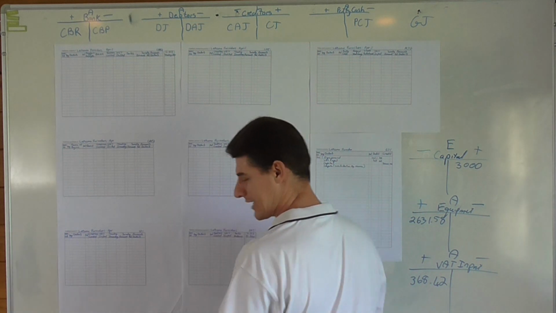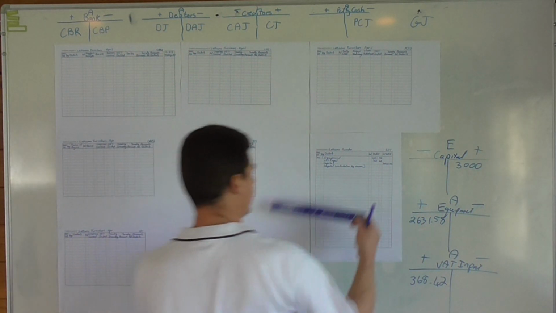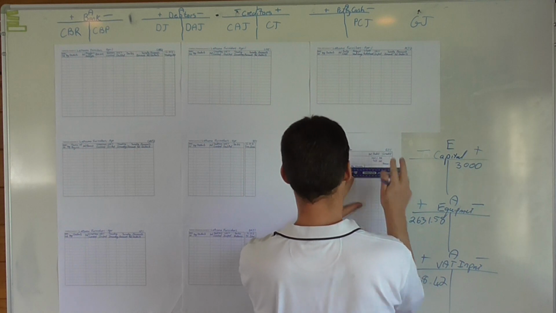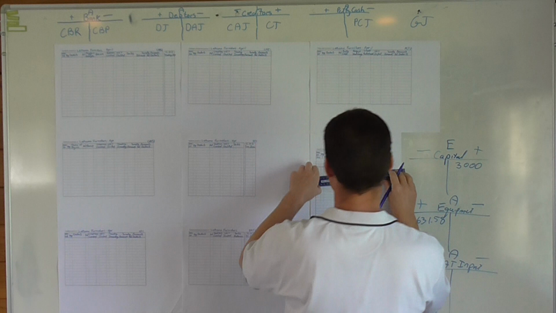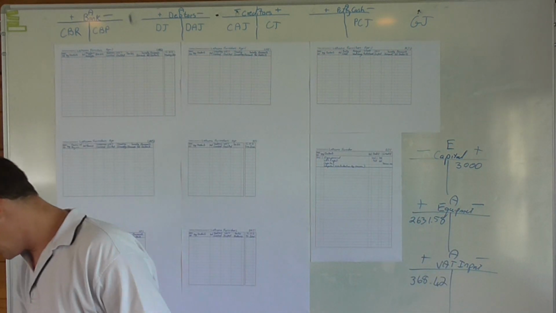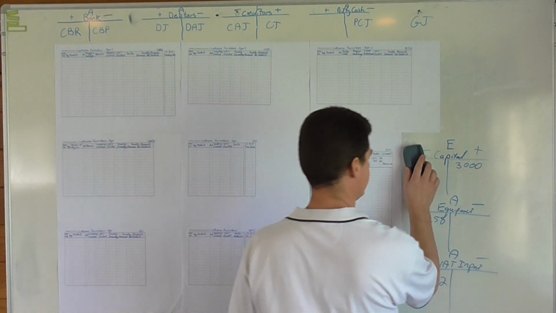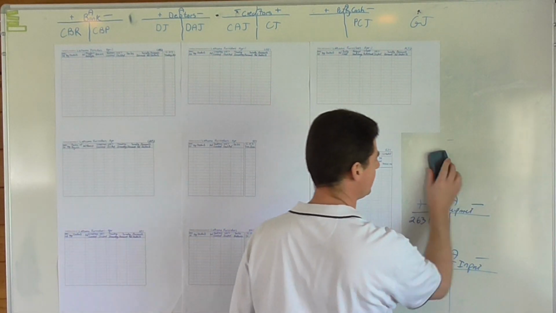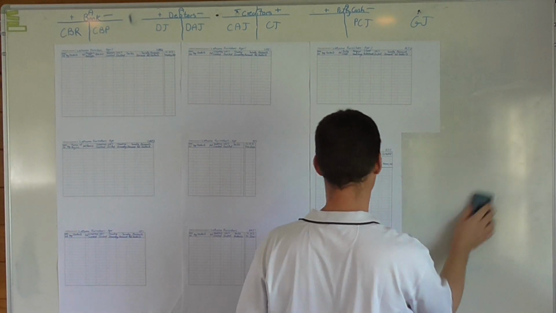You just write that in brackets, then you just take your ruler and you close that off for that one transaction. And there we've done our first transaction in our general journal. So, capital, equipment, and VAT input.